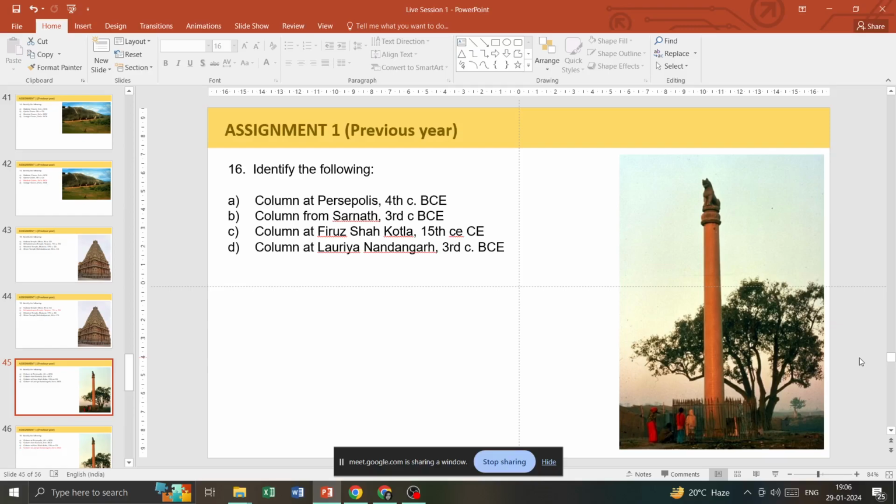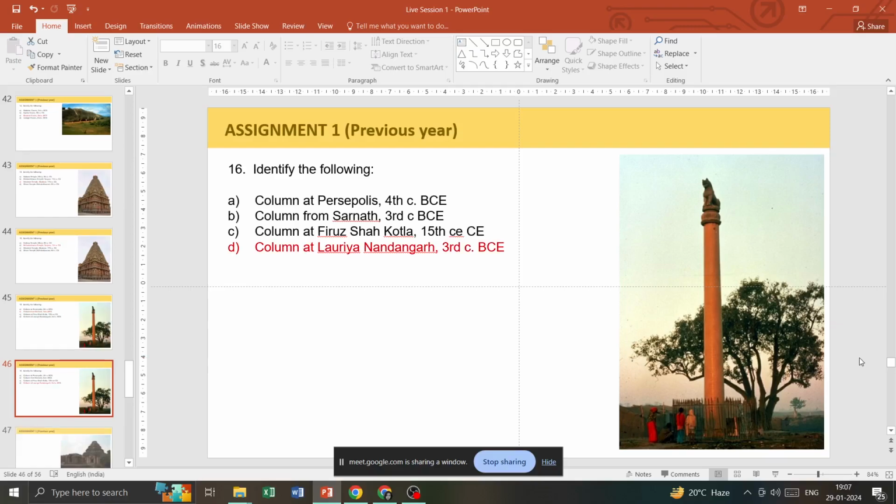Usually we have seen different variations of Ashokan pillar, but this one has a whole lion sitting on the top, so you can categorize it by that. So the answer is D.